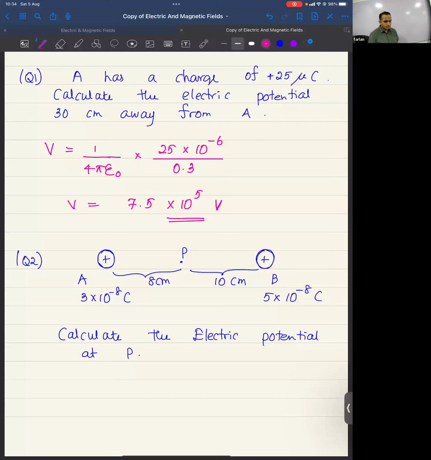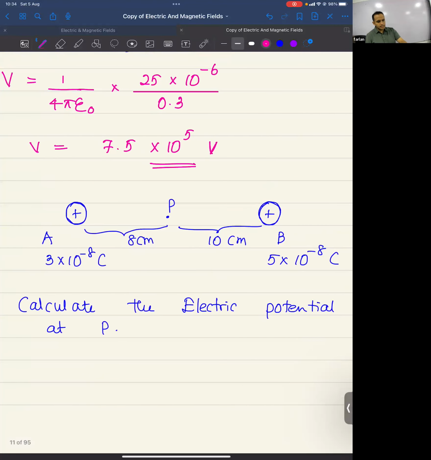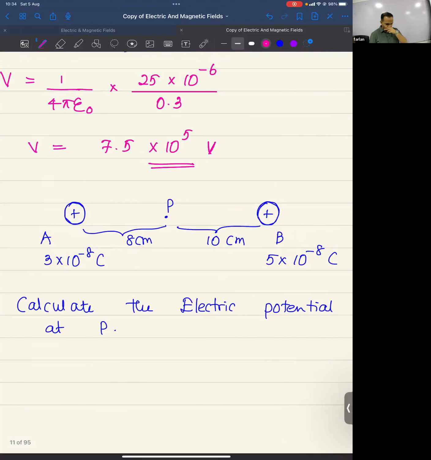The point P is in between the two, where AP is 8 centimeters and BP is 10 centimeters. Calculate the electric potential at P.